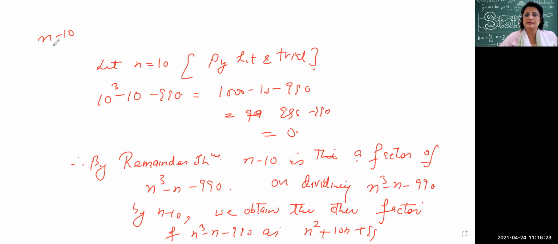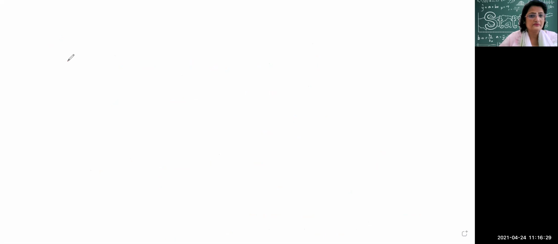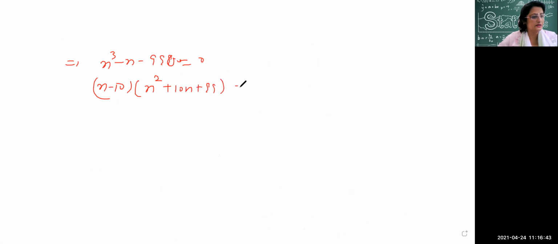So दो factor मिल गए इस equation के, the one is n minus 10, the other is n square plus 10n plus 99. It implies n cube minus n minus 990 is equal to 0, implies either n minus 10 is equal to 0 or n square plus 10n plus 99 is equal to 0. It implies n is equal to 10 or.